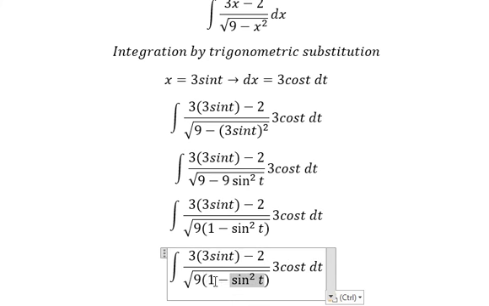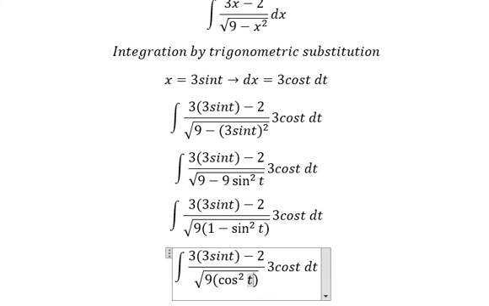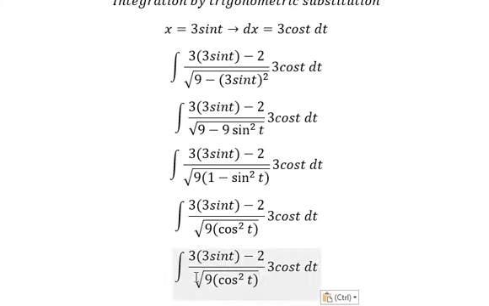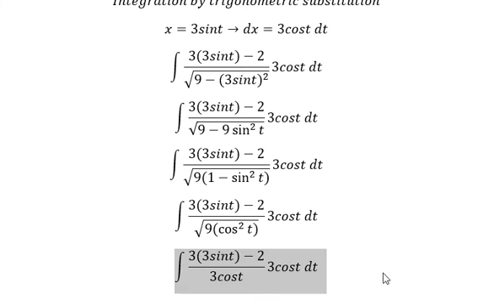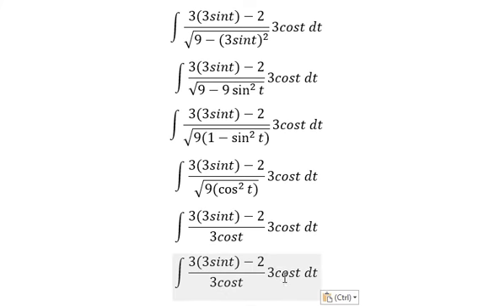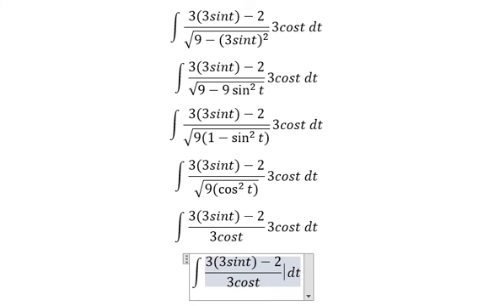And this one we change for cosine t square. The square root of this one you get 3 cosine t. And now we simplify 3 cosine t on numerator and denominator. Now we get this one left.